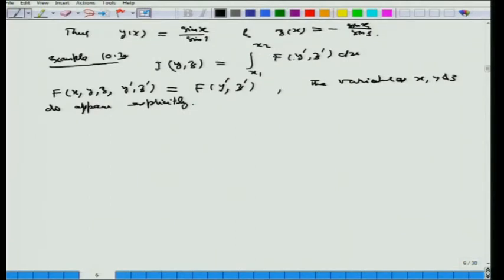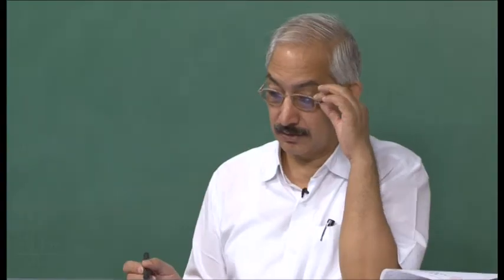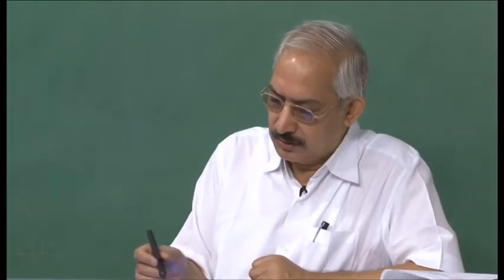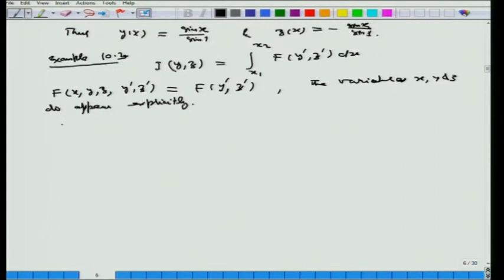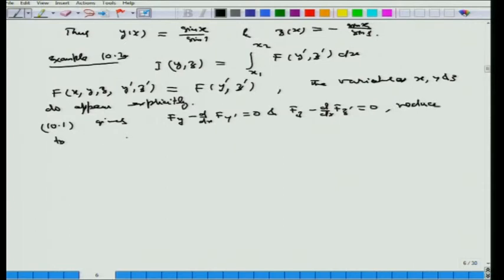So, it is similar to that case or a generalization of that one, and so here this system 10.1, which is actually f_y − d/dx of f_y′ = 0 and f_z − d/dx of f_z′ = 0, reduces to d/dx of f_y′ = 0 and d/dx of f_z′ = 0.